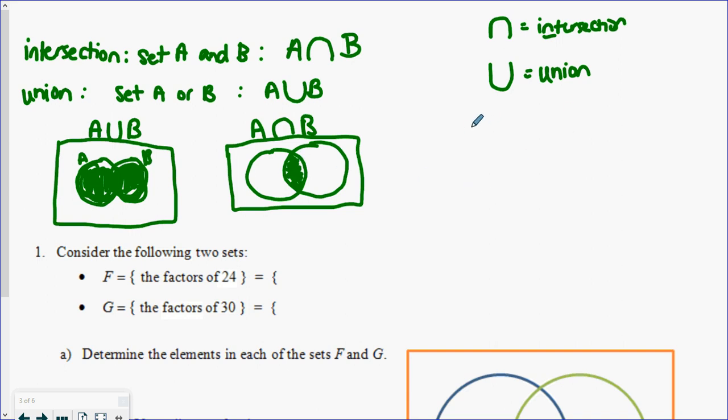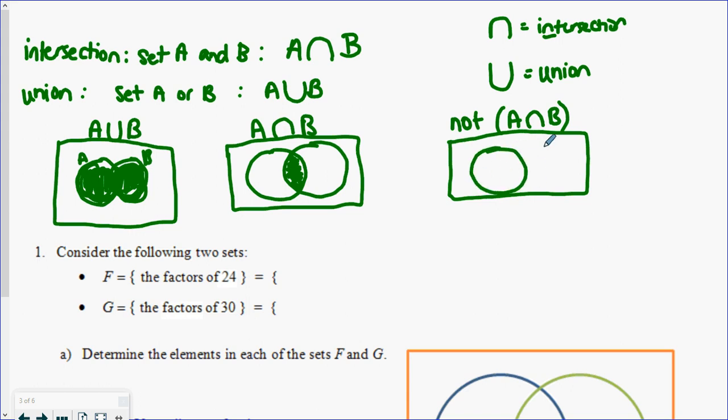For the next one, you've got to think about these. They're going to get more and more complex. So not A intersection B. What that's saying is not the intersection of A and B. If you look back at the last one, this is the intersection of A and B. So if we're saying not that, that's the only part that's not going to be shaded.